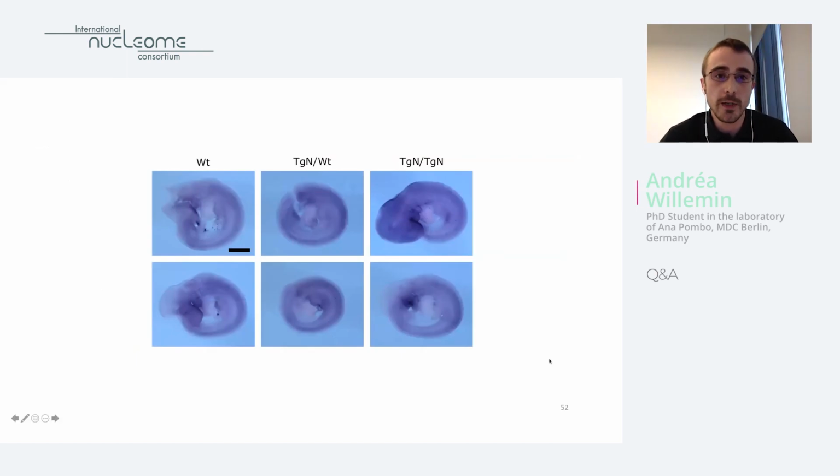Now we think that there are different kinds of explanations for these observations. Typically, we basically observe only very few contacts between the transgene in general and the BTG1 gene itself.